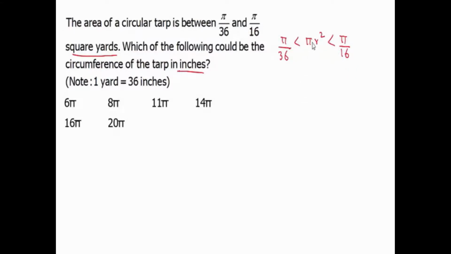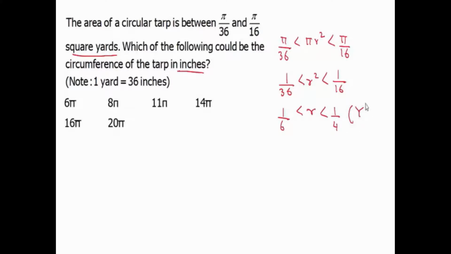So if we divide everything by pi, we get r square is between 1 over 36 and 1 over 16. And taking the square root, we have the radius of the circle lying between 1/6 and 1/4 of a yard.